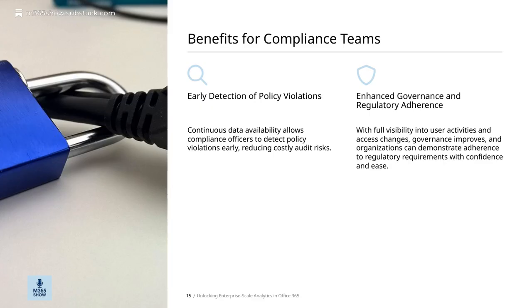Catching issues sooner helps reduce the risk of costly audits and potential penalties. Overall, these capabilities not only strengthen our governance, but also make regulatory adherence much more manageable and reliable. This is all about empowering compliance teams to work smarter and with greater confidence.